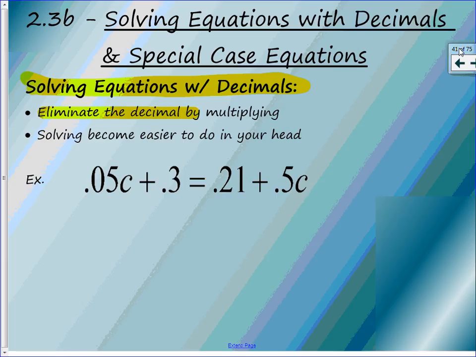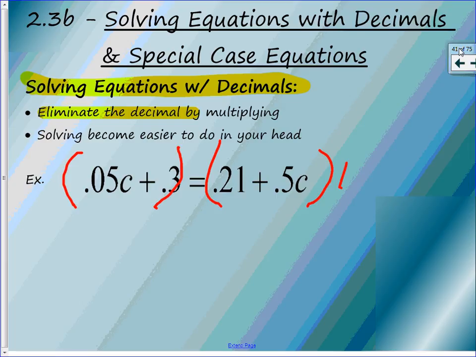Tenths. And then the 5 is in hundredths. Tenths. And then we have tenths, hundredths, and then tenths. So what that means is because the highest is the hundredths place, we're going to have to multiply both sides by 100 to account for that.